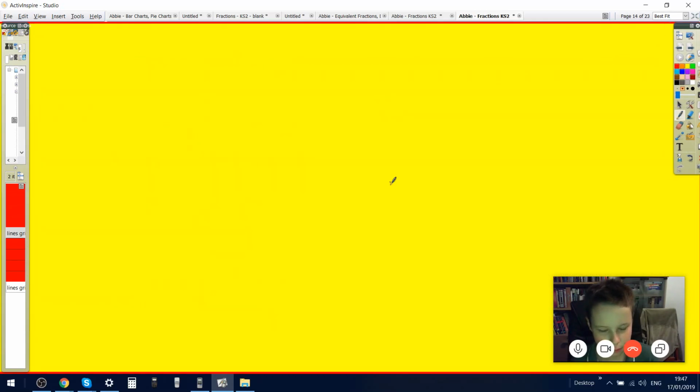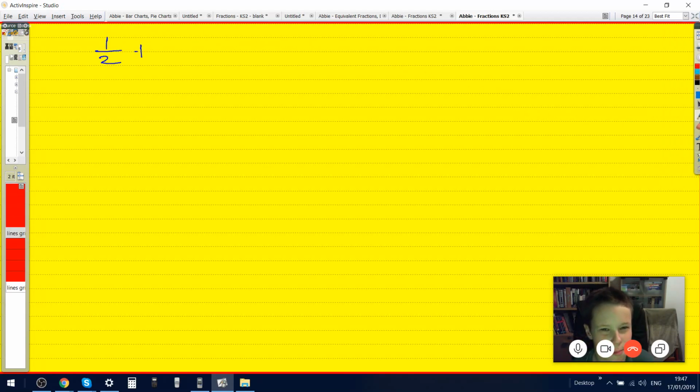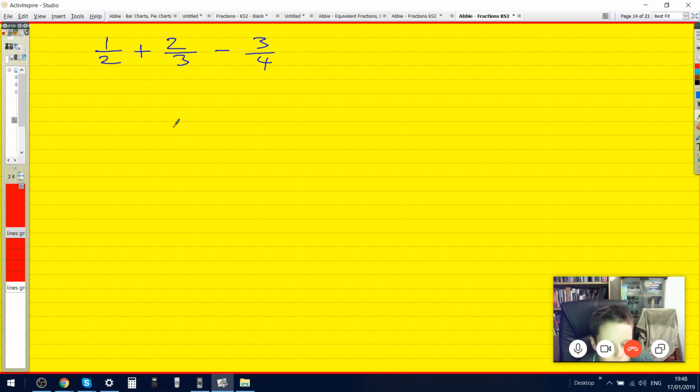Let's make it a bit trickier. What if it was a half plus 2/3 minus 3/4? So again, you would need to make the denominators the same, and the smallest number that all 3 would go into equally is 12.